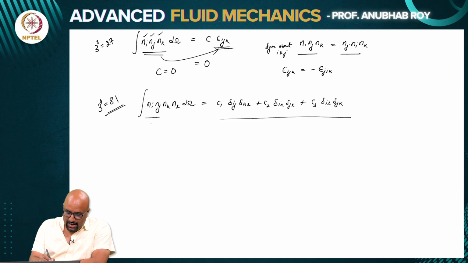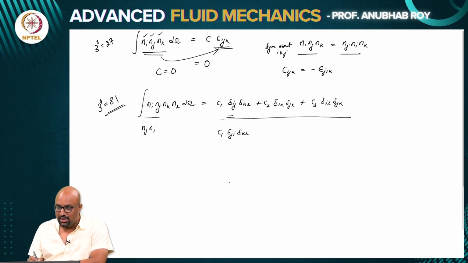So, if I now look at this, Ni Nj is the same as Nj Ni, which means that the integral on the left hand side is symmetric about i and j. Now, let us inspect the terms. The first term is symmetric about i and j. So, C1 delta ji is the same as C1 delta ij. So, this is symmetric.